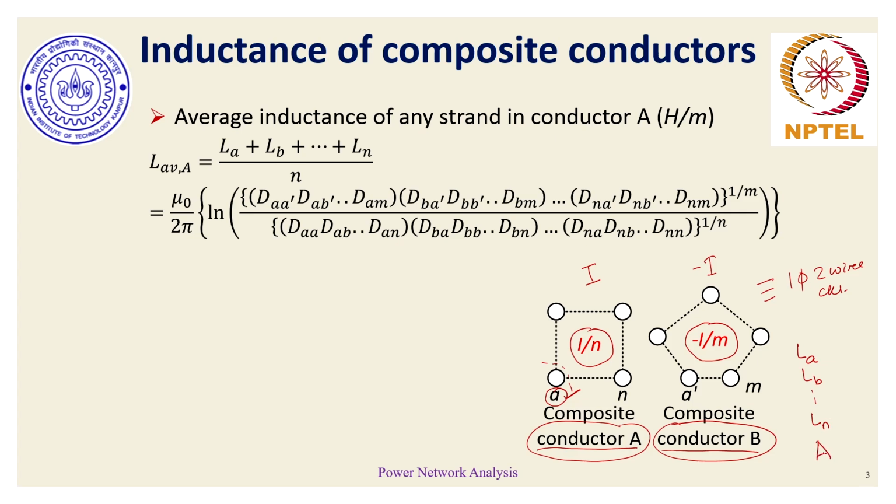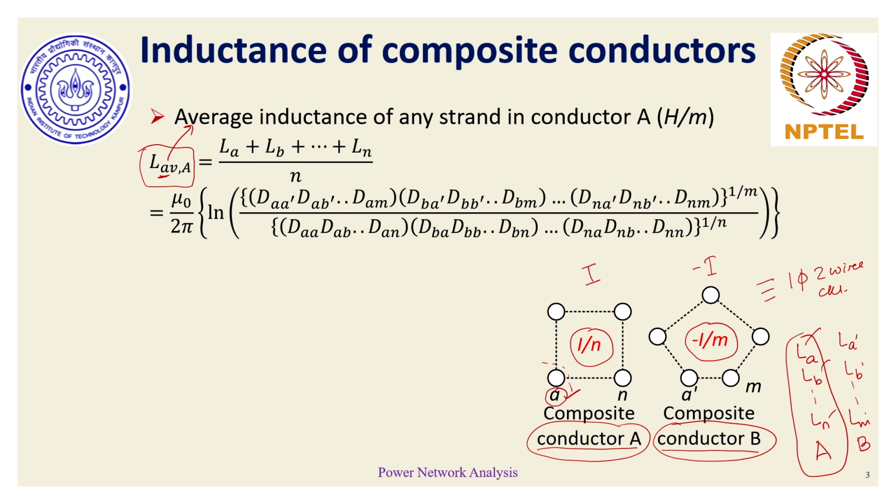For composite conductor A, similarly, we can also find the inductance of A dash strand, B dash strand, and so on till M dash strand in composite conductor B. And since these strands are all parallel to each other, if we specifically focus on one composite conductor, then using those individual inductances, we can take the average value, which is indicated by this expression here, L_av,A, av representing the notion of average.